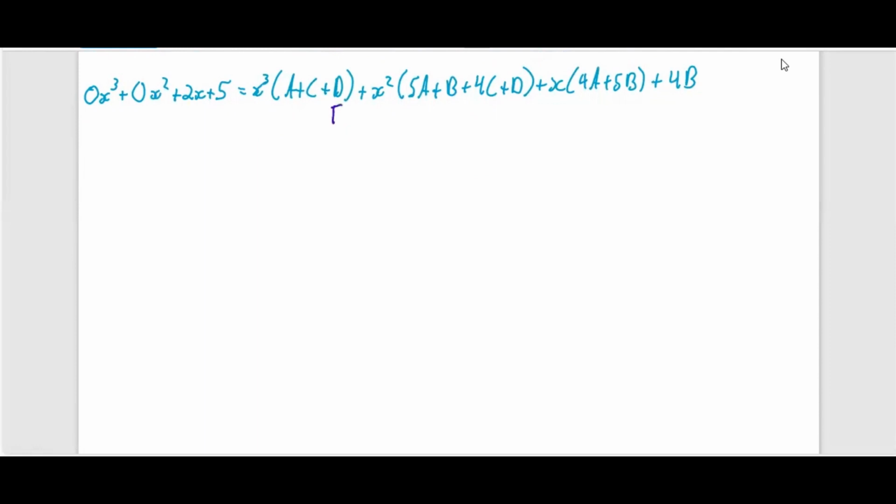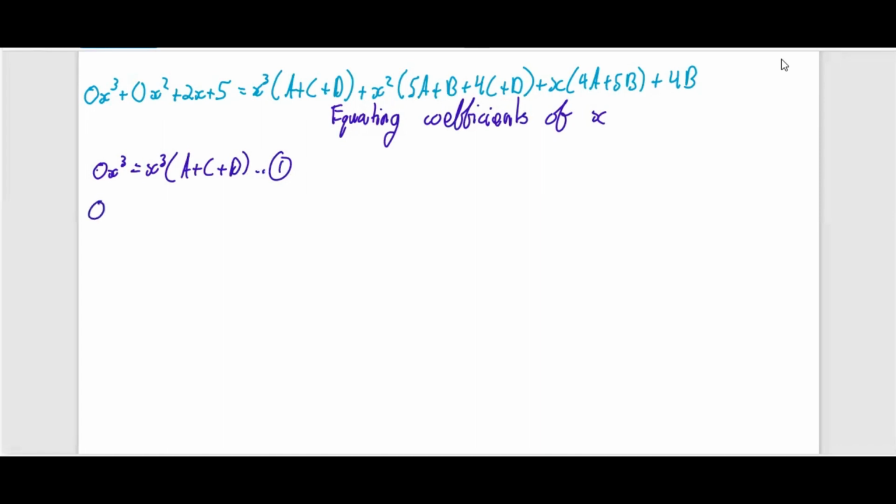So you say equating coefficients of x. We have 0x cubed, and that will equal x cubed, a plus c plus d. Name that 1.